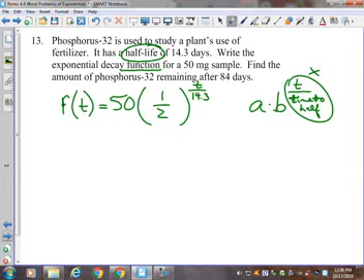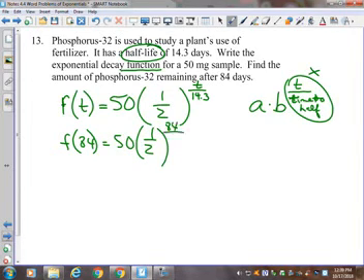It says write the function. Then in the second question it says find the amount of phosphorus remaining after 84 days. So I could put in 84 and get the answer to the question for the second part. 84 days is the total time. 14.3 is just the time it takes to half.